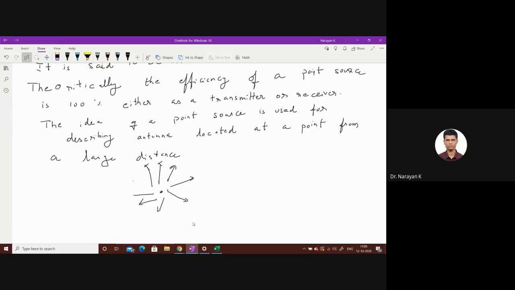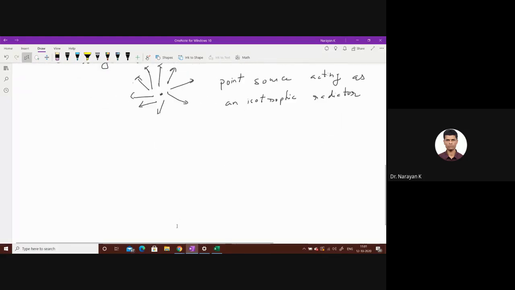I'm not able to draw perfectly, so all will be radiating outside. So this is an example of a point source acting as an isotropic radiator. Got my point?